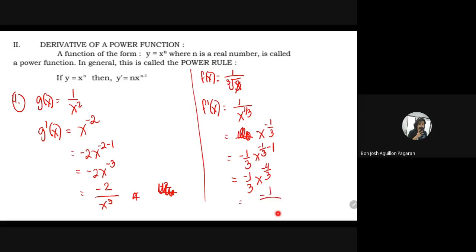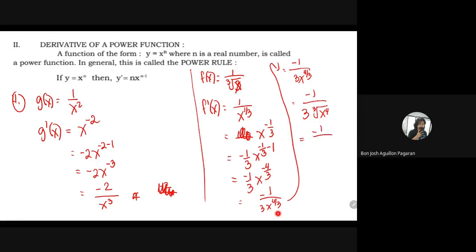So we have to get the reciprocal, 3x, tapos magiging positive na ito. So negative 1 over 3x raised to the power of positive 4/3. That will be negative 1 over 3. Tapos express mo ngayon siya sa radical form, that will be cube root of x raised to the 4th power. Kaya lang meron ka pang isang x na matatanggal dyan.